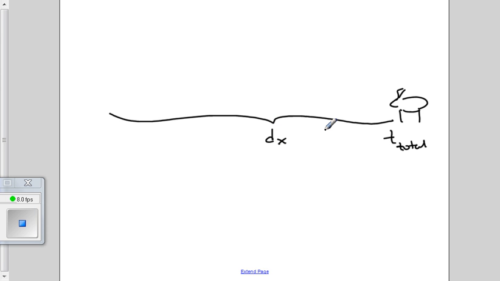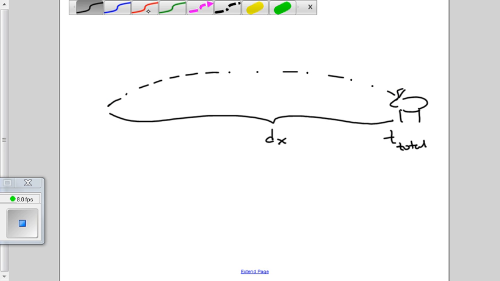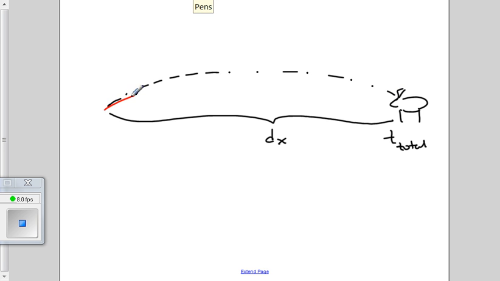Now, in order to go that far, although it's not stated in the problem, we know it must take an arcing trajectory. So the initial velocity must be both out, Vx, and up, Viy. To find the velocity at the start then, both Vx and Viy will need to be found.